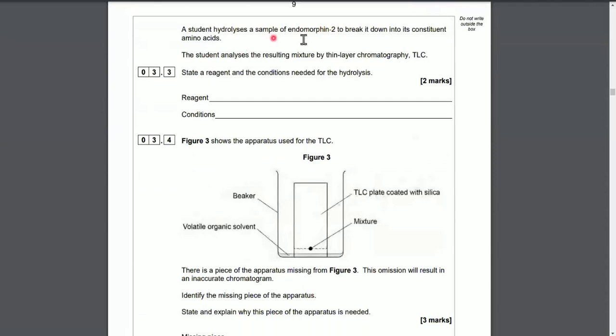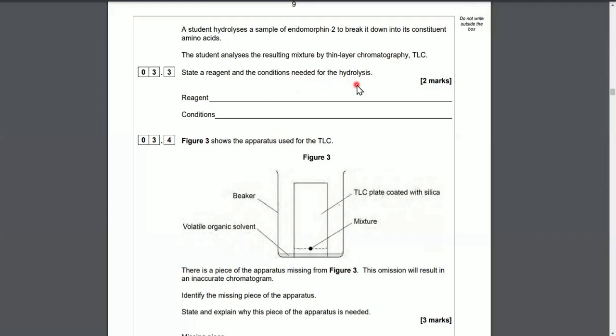A student hydrolyzes a sample of endomorphin 2 to break it down into its constituent amino acids. The student analyzes the resulting mixture by thin layer chromatography, that's TLC. State a reagent and the conditions needed for the hydrolysis. So there's a number of ways you can break up a protein.